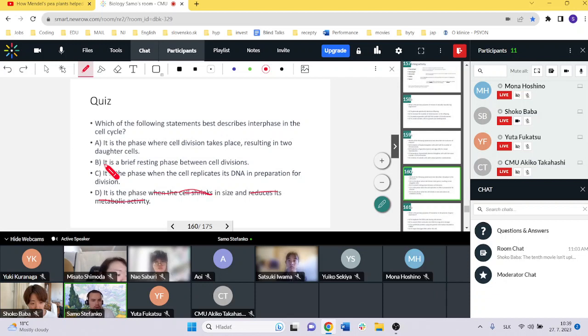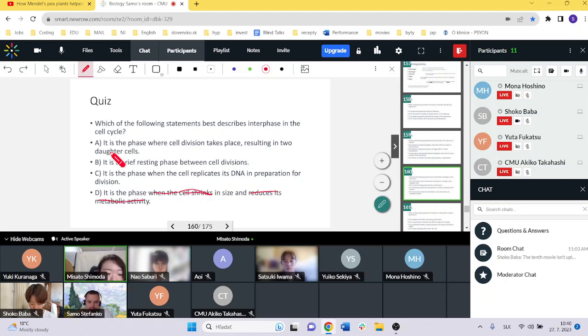There was one person who chose A. So let's discuss A. Is it right or is it wrong? What do you think, guys? It is the phase where cell division takes place, resulting in two daughter cells.